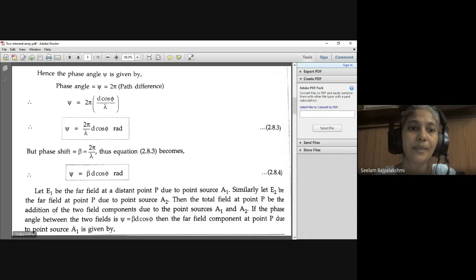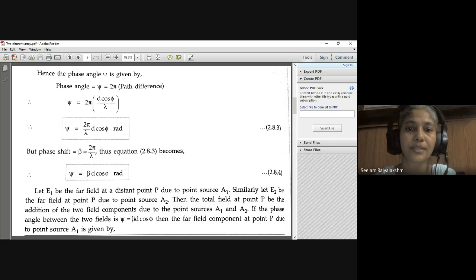Let E1 be the far field at a distant point P due to point source A1, and E2 the far field at point P due to point source A2. Then the total field at point P is the addition of these two field components.